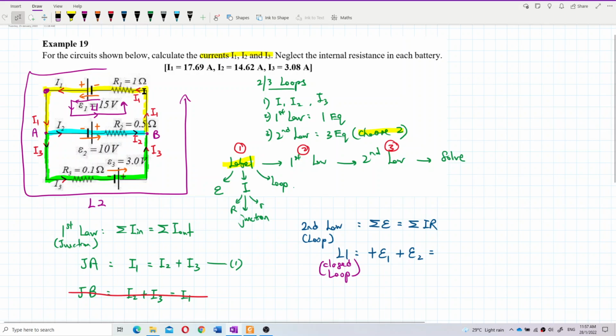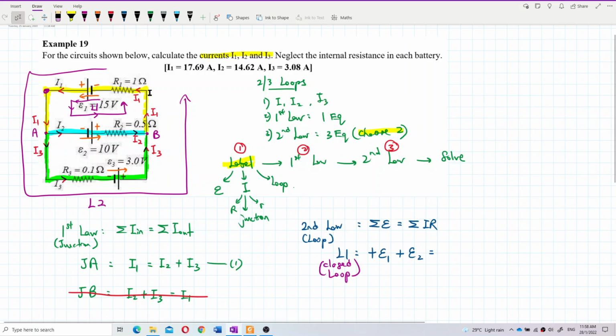And for I1, compare the current direction with the loop direction. If it's a resistor, we look at the current. If it's a battery, look at the terminal, from negative to positive. The current for R1 is I1. I1 is going to the left, isn't it?